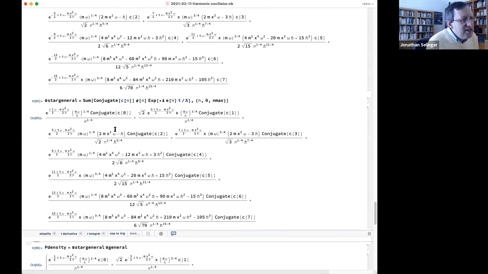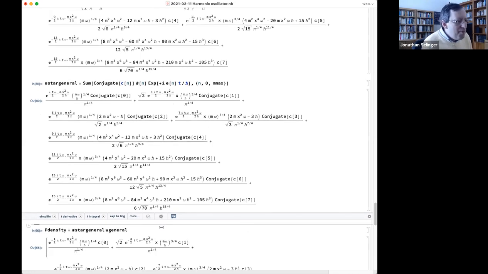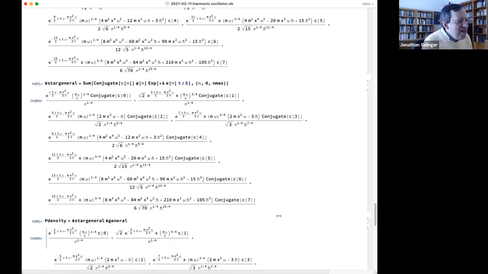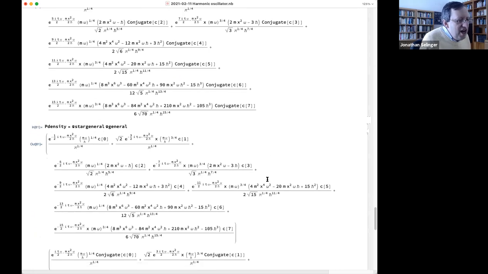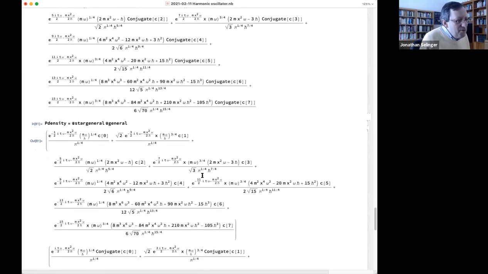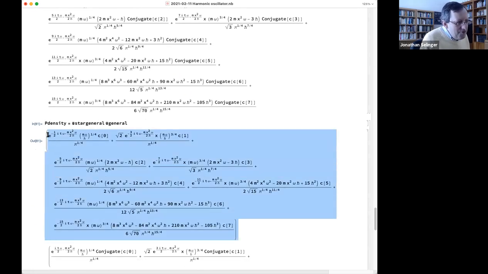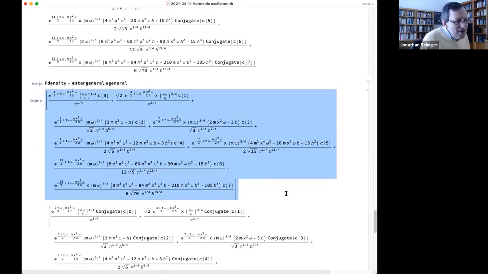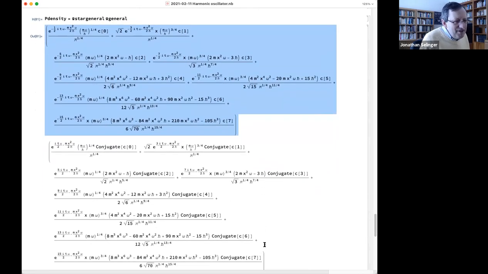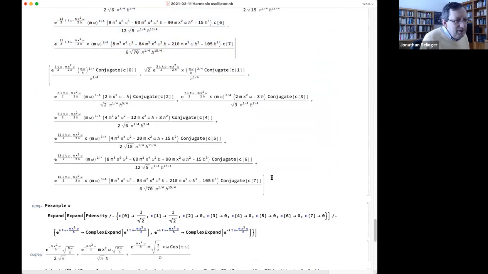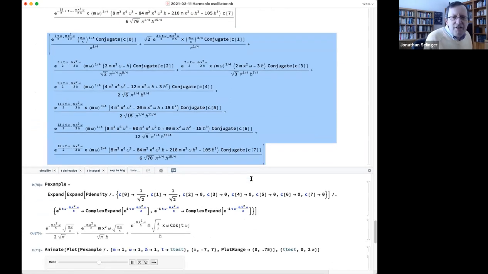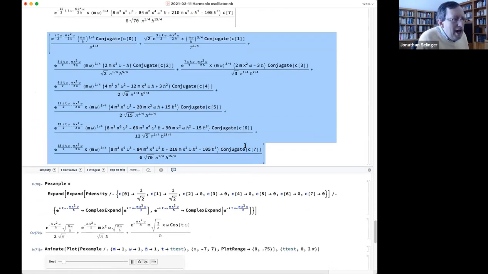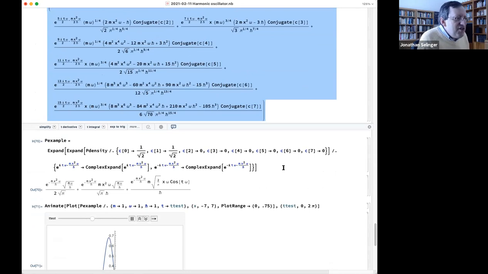So this is a sum of a whole bunch of terms. Then the probability density is the product of psi star times psi. So a whole lot of terms times another whole lot of terms. Okay, so it is nice to have a computer to do these things. So let's do an example.